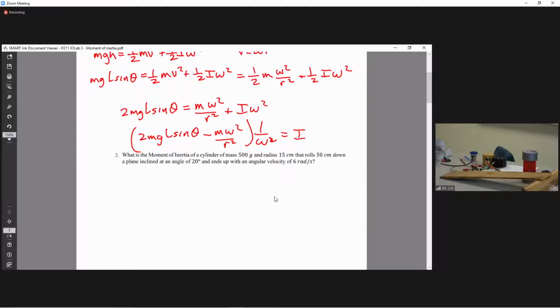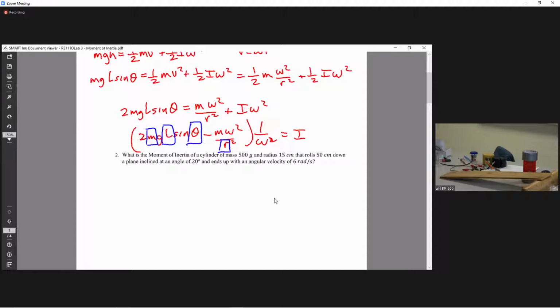I hope everyone got through that little bit of algebra there. So all we have to do is measure M, the mass of the combination of the tape rolls plus the iOLab. Measure L, the length of the path it rolls down the slope. Theta, the angle of inclination of the slope.